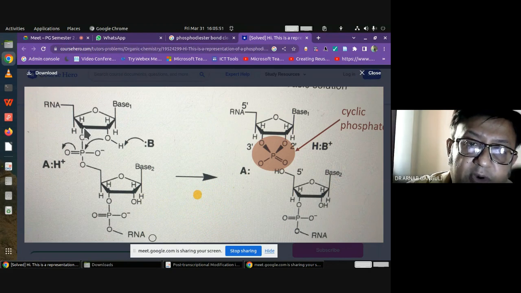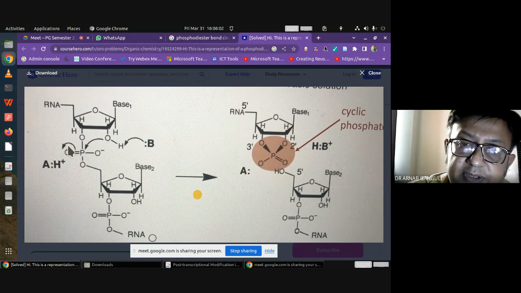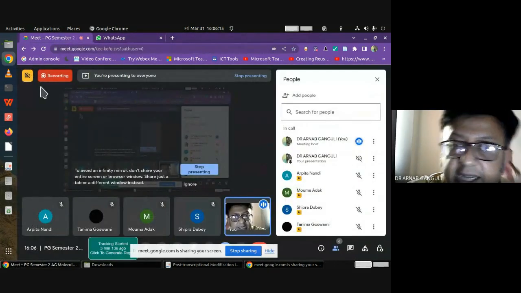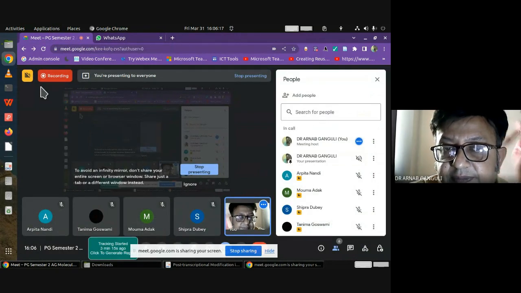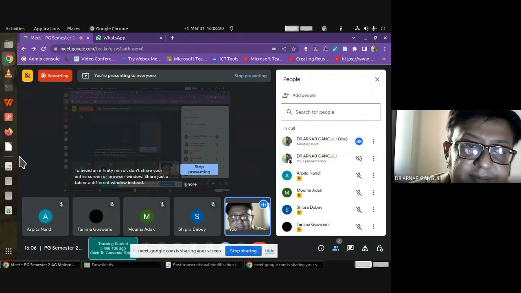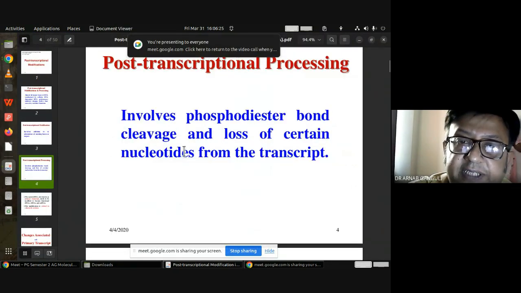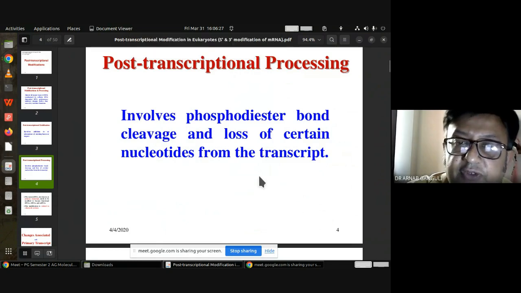This is the 3' OH and this is the 5' OH. And here OPO, this is a phosphodiester bond. So when this bond is cleaved, this is known as cleavage of phosphodiester bond. Is this clear? Yes, sir. Okay. So this involves phosphodiester cleavage and loss of certain nucleotides from the transcripts.